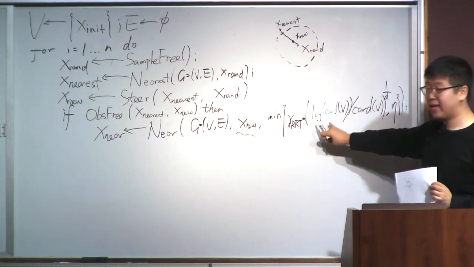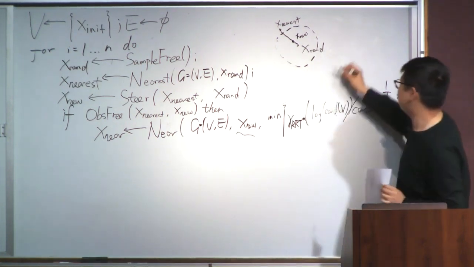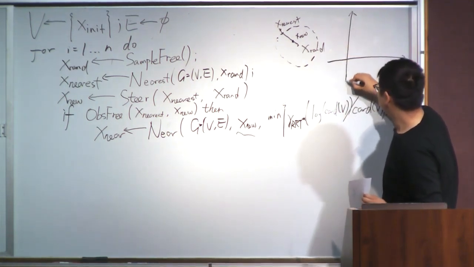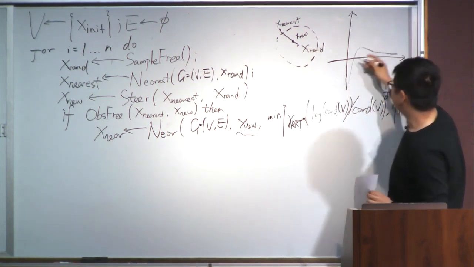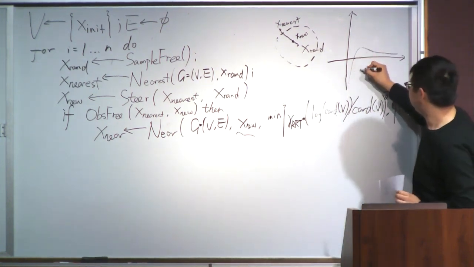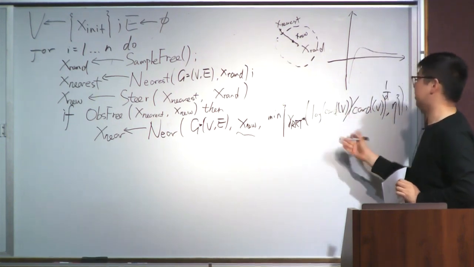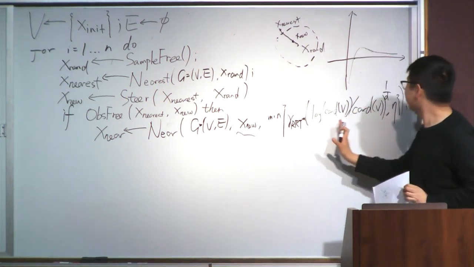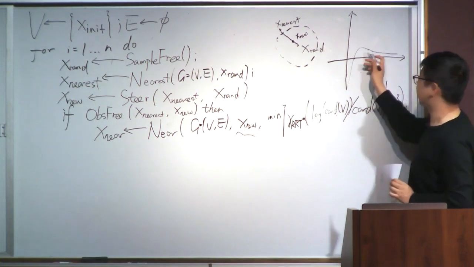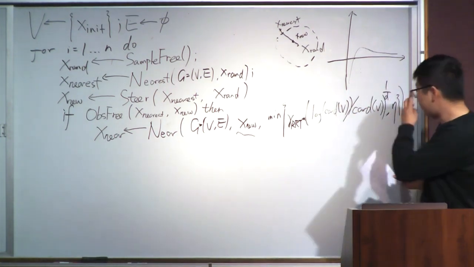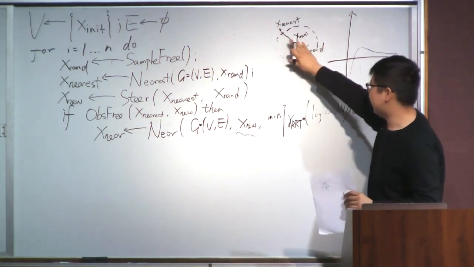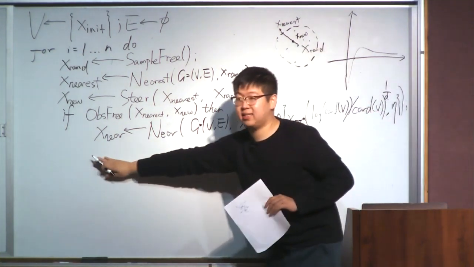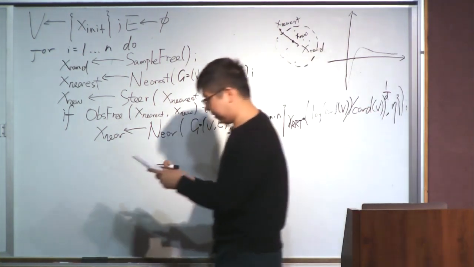So at 1 it's 0, and as the cardinality of V gets larger, the function becomes larger, and when the cardinality of V is too large, it becomes smaller. So this is searching over this area and putting all the points inside this area into the set x near.